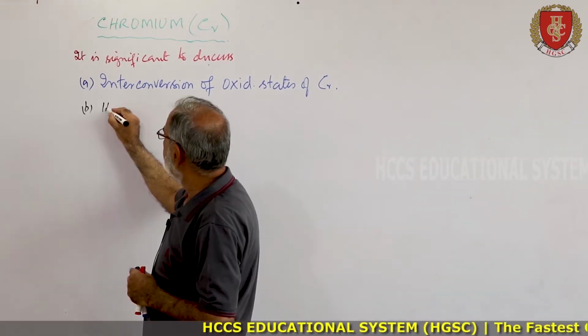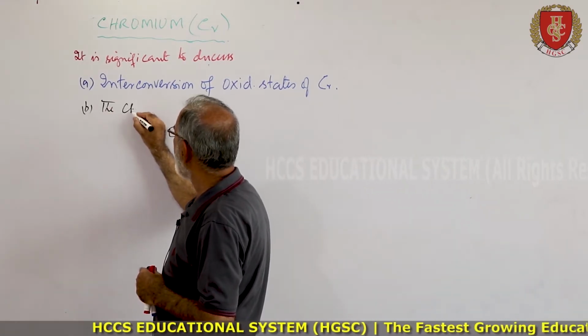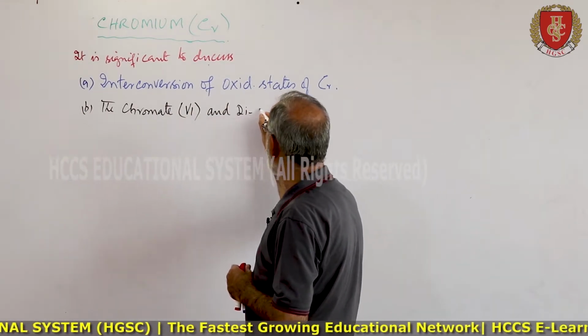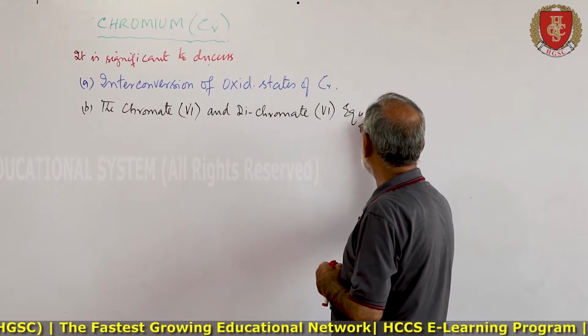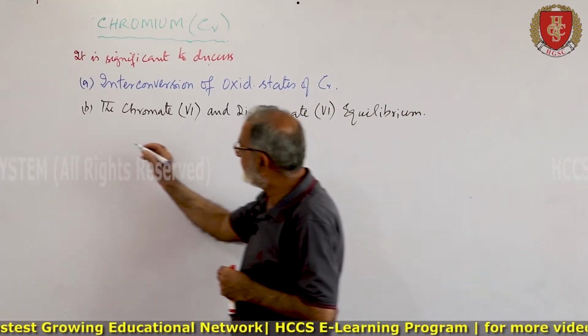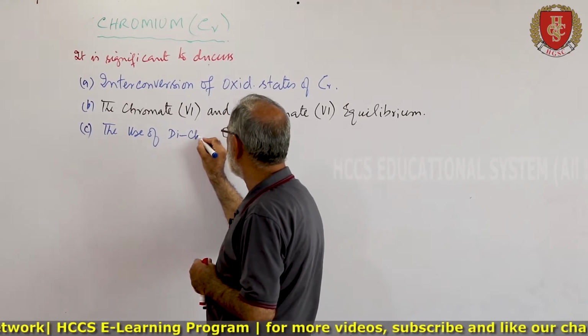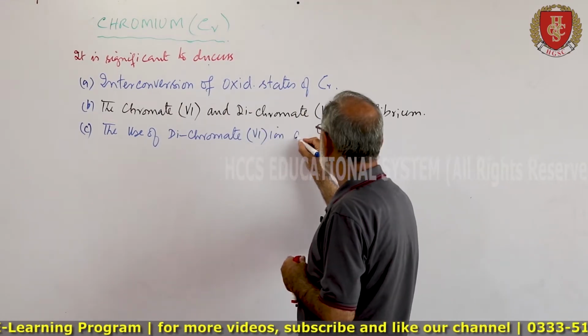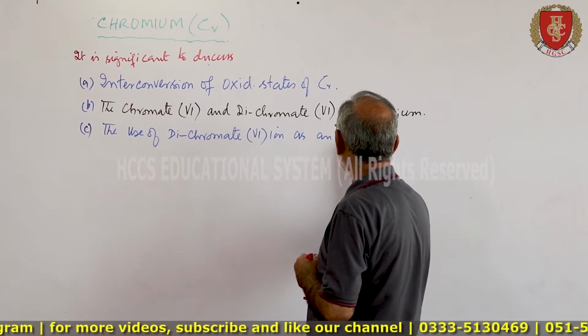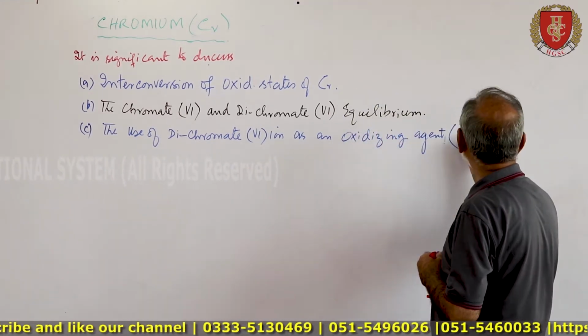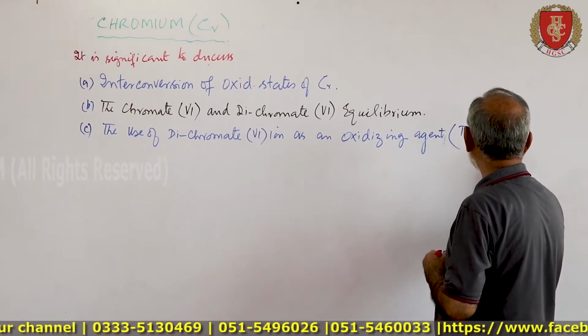Number two, the chromate 6 and dichromate 6 equilibrium. Number three, the use of dichromate ion as an oxidizing agent, especially in titrations.